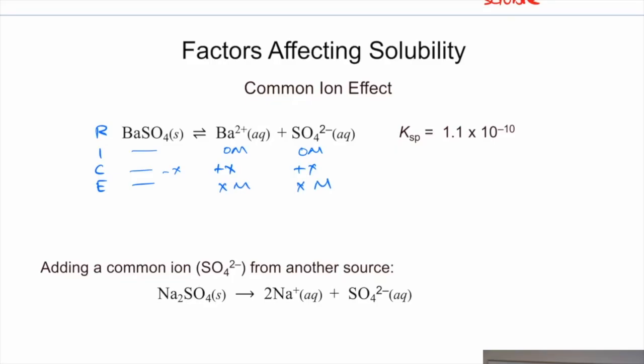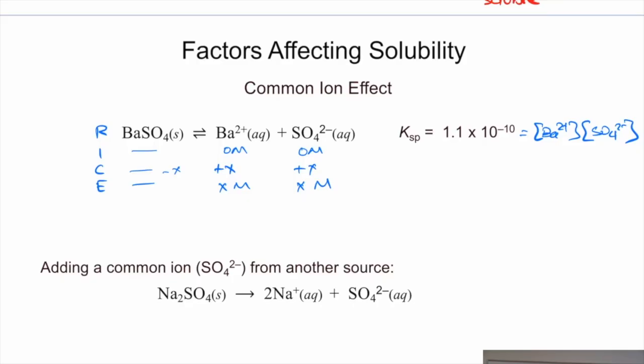Now, the published Ksp for barium sulfate is 1.1 times 10 to the minus 10th. So it's really tiny. So just like as you evaluate Keqs, what does that tell you about the extent of this reaction? Does a lot of this become solubilized or just a little tiny bit? Very, very little bit dissociates because this number only represents the product of the ions that are solubilized, which is not a lot.